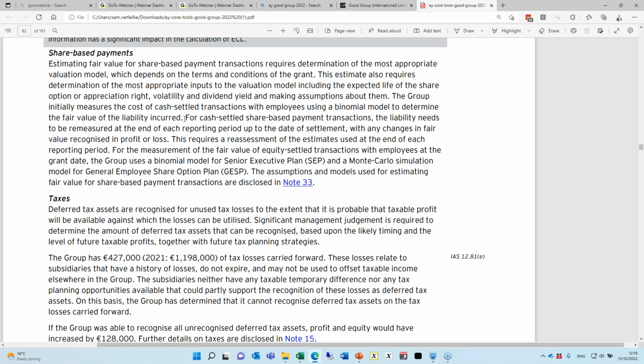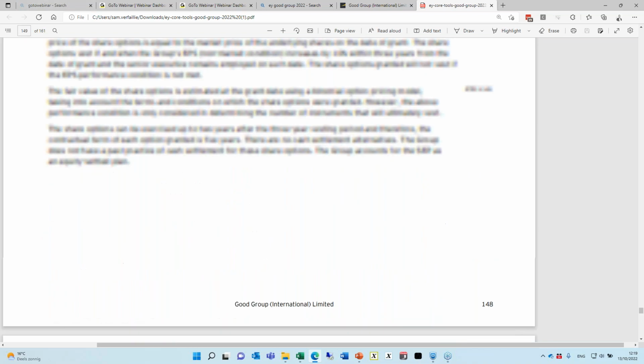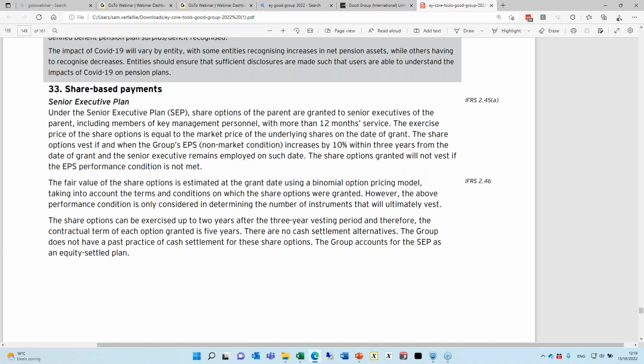Okay, and then we go to note 33. That's a very far part into the financial statements. We go after the pension liabilities, and here we have the share-based payment. So first of all, what is the requirement? You need to explain the plan. You need to give a detailed explanation about every plan that was issued.